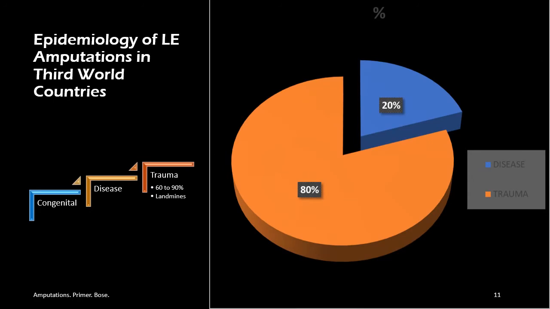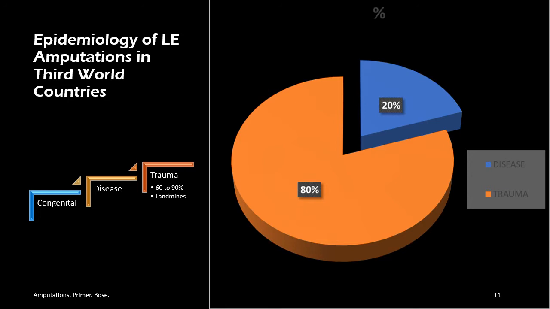If you compare that with the epidemiology of lower extremity amputations in the third world countries, the biggest reason for amputation in third world, up to 90% actually, is trauma. And this trauma is both road traffic accidents, but more so because of war injuries, landmines, and bombs.